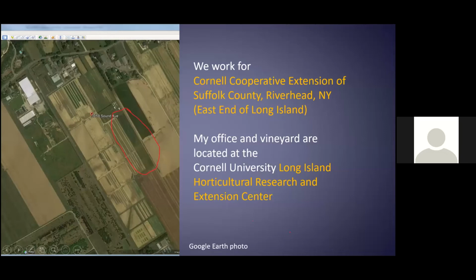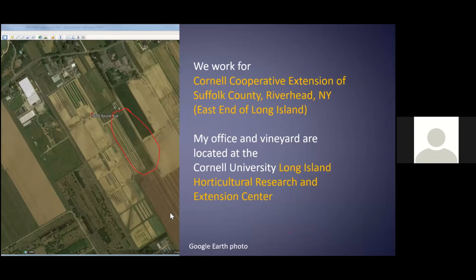There we go. Okay. So we work for Cornell Cooperative Extension in Suffolk County, so we are also extension agents. We're on the very east end of Long Island, so probably about as opposite as we can get from Ohio. We're sticking way out into the Atlantic. There's a Cornell University facility called the Long Island Horticultural Research and Extension Center.